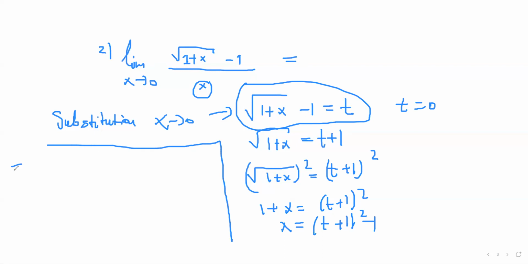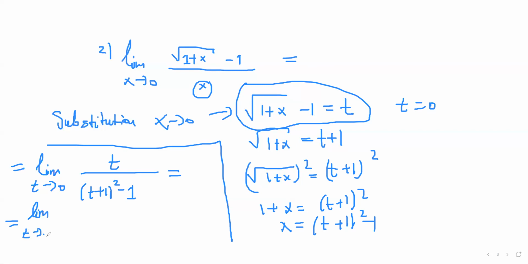I'm going to write here the limit as t tends to 0, again, because x tends to 0 means t tends to 0 also. After our substitution, in the denominator we have (t plus 1) squared minus 1, and in the numerator we have t. So we substitute the whole numerator by t. Then what happens? Let's see. Limit t tends to 0.